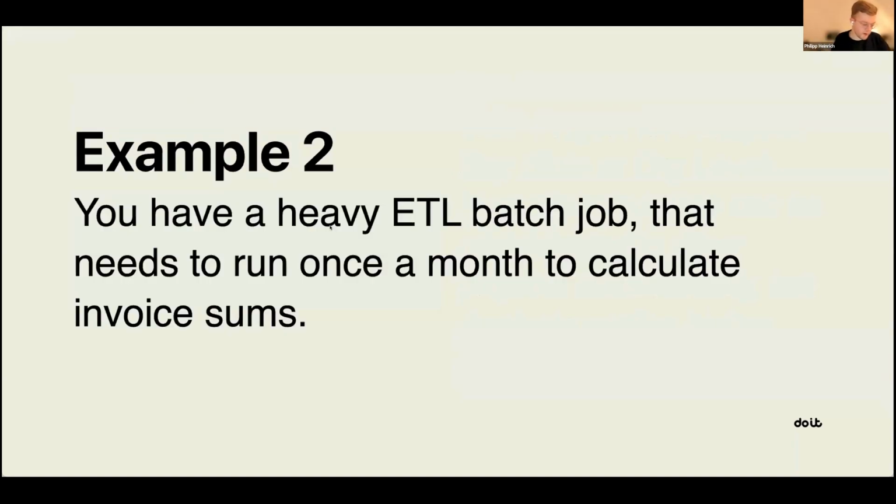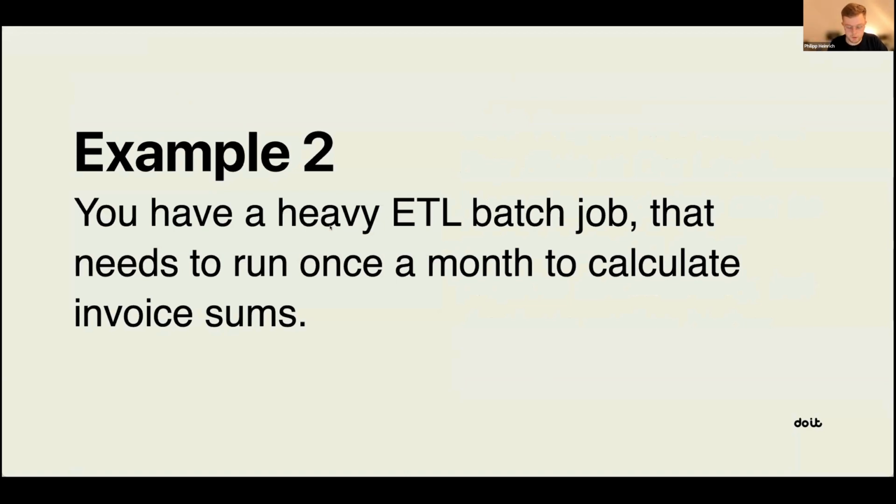One thing, and this is very, very special in terms of how your business operates. One example from one of our customers, they have an ETL job that is just being run once a month, and they're just calculating all the invoice sums basically in BigQuery, because this is a predictable workload, but a very heavy workload.